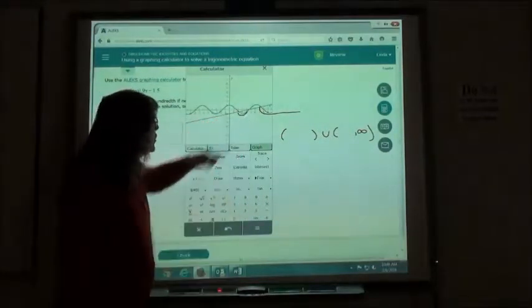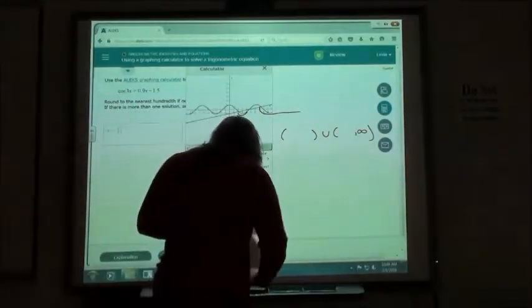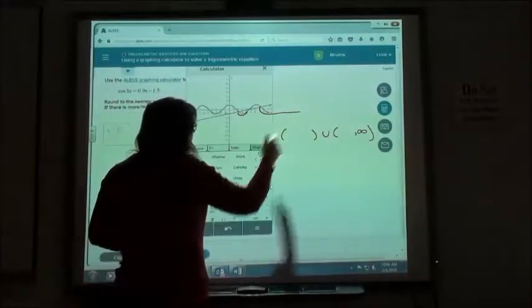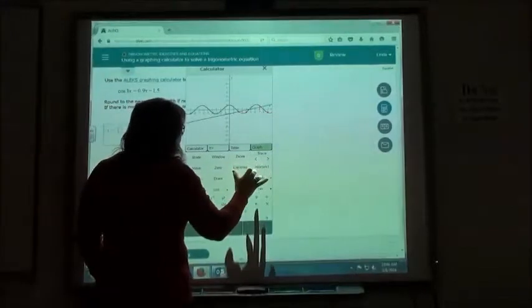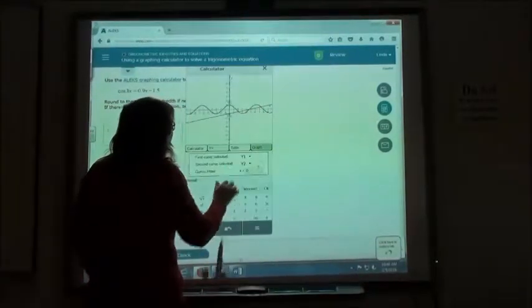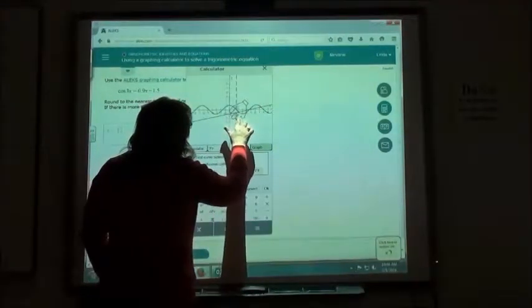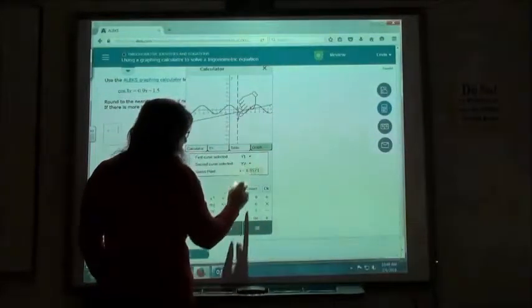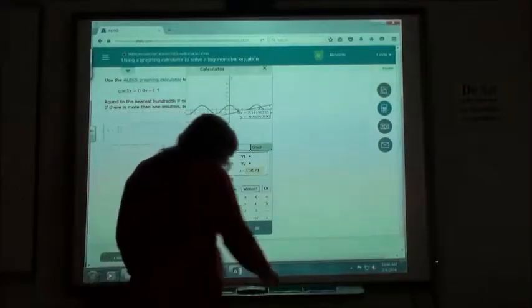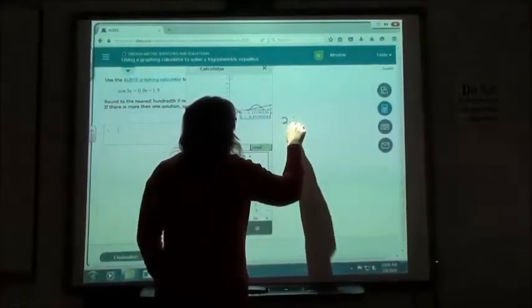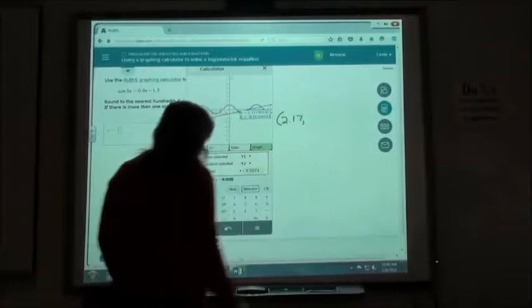So I want to find my first 2 intersections so I can fill in my first set here. Of course, that's going to erase when I have to touch the board to find the intersections, but I'm going to go ahead and hit intersect here. And so my first intersection, 2.1719, so 2.17 is where I would start.